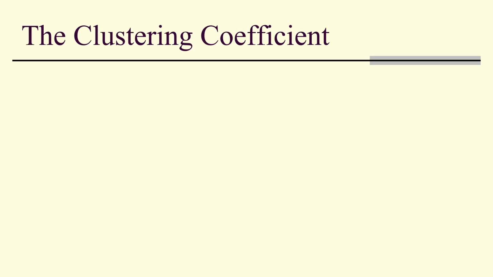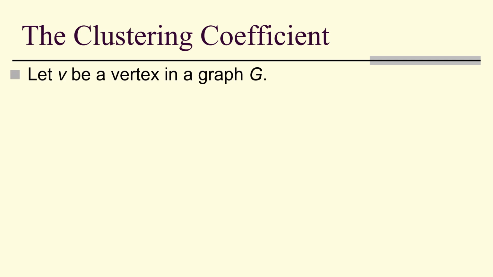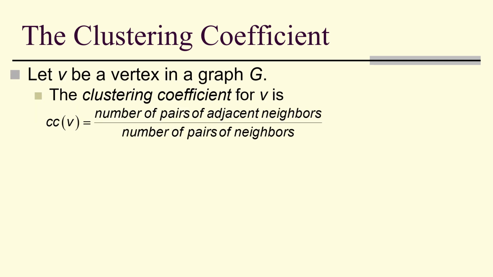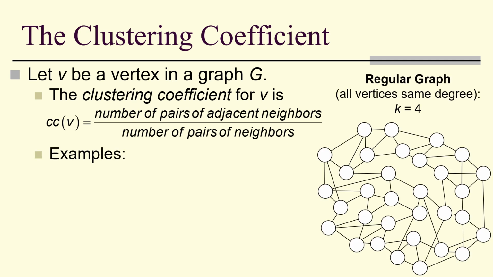To see what I mean by small world, let's first look at the clustering coefficient. Let V be a vertex in a graph G. The clustering coefficient is the number of pairs of adjacent neighbors over the number of pairs of neighbors. And it's defined for an individual vertex V. For example, here's a regular graph. All vertices have the same degree. Here k equals 4.